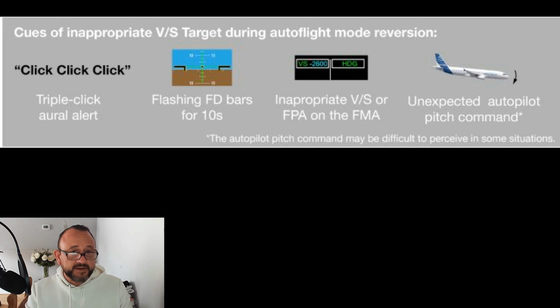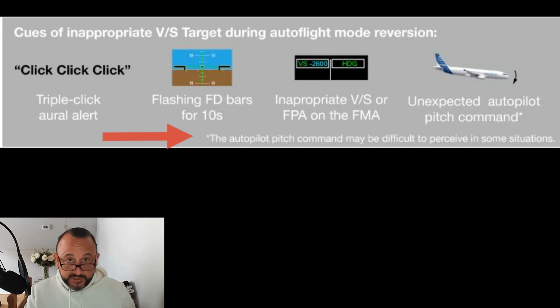The effect on pitch. An unexpected pitch command by the autopilot can also be a sign of inappropriate VS or FPA target after mode reversion. Note that in scenario 3 described above, which is a really dangerous one, mode reversion due to the loss of the approach mode, the unexpected autopilot pitch command may be limited and therefore difficult to perceive.